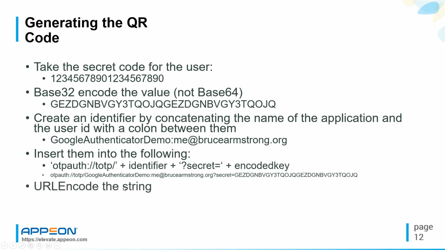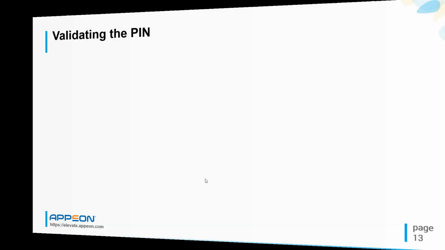Okay, and then we take and URL encode that whole string with the OTP auth, all of this. And one of the features that was added to PowerBuilder 2017 was the ability to URL encode, so we're going to use that feature. And then we need to generate a QR code for the string.